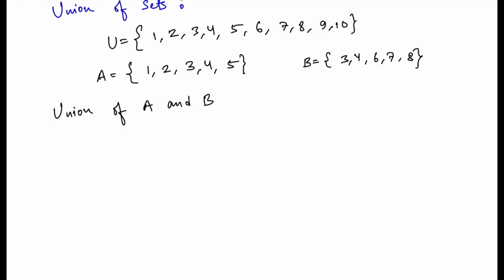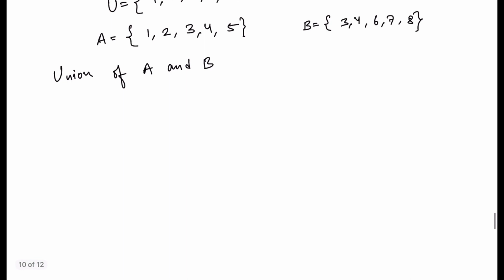So we use a symbol for union. A union B. It is similar to U, but it is not U. It is something like this. This is the symbol for union. So union of sets A and B will have all the elements of A as well as B, and do not repeat the elements.